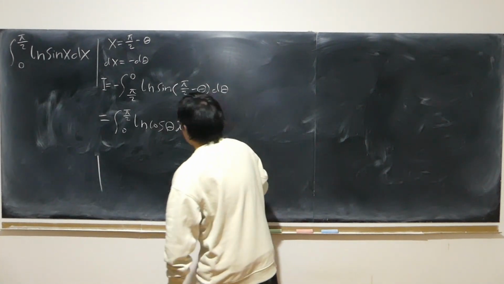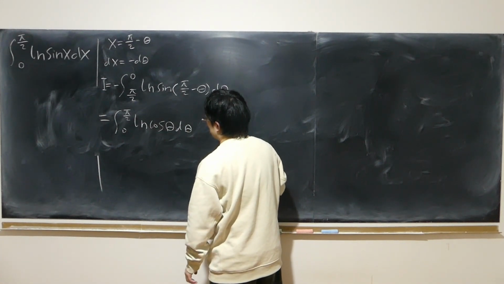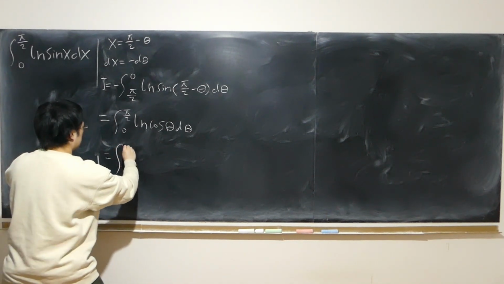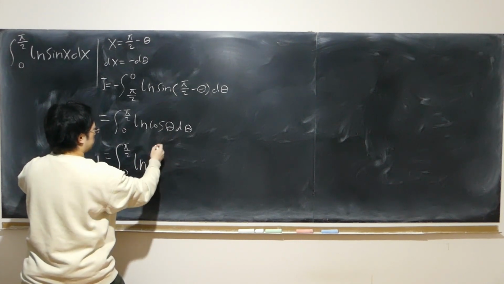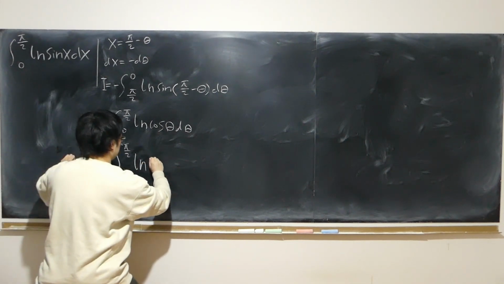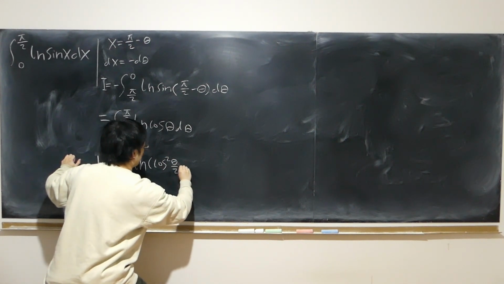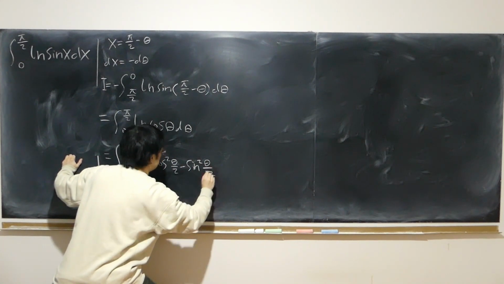So, then I can somehow use the double angle formula. Right, so I can turn cosine theta into cosine square half theta minus sine square half theta.